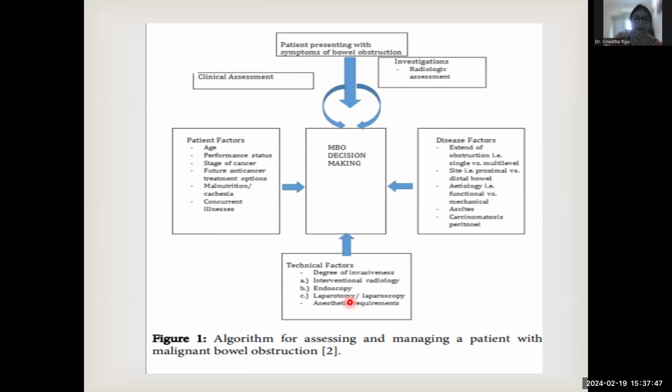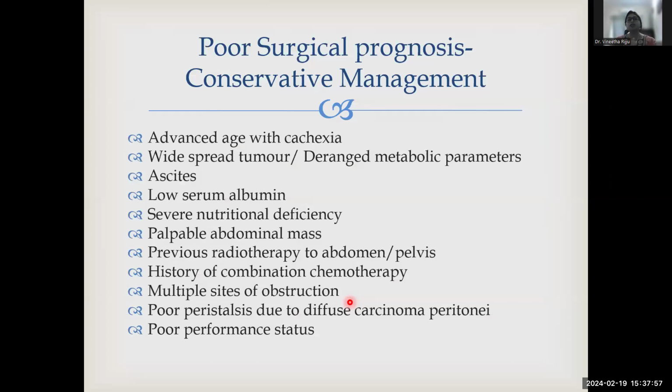Okay, so this is all just an algorithm to help one plan for a patient what has to be done. So poor surgical prognosis would be advanced age with cachexia, wide tumor spread, ascites, low serum albumin.